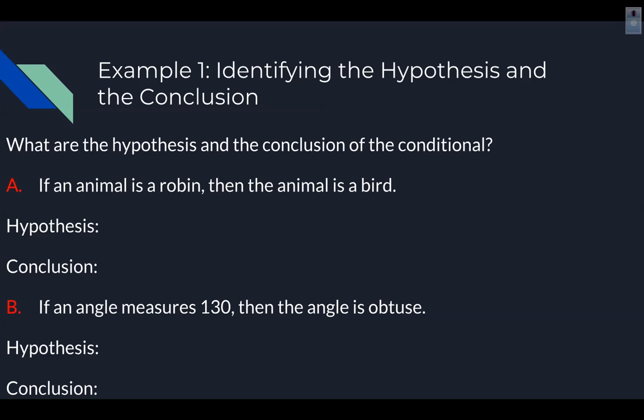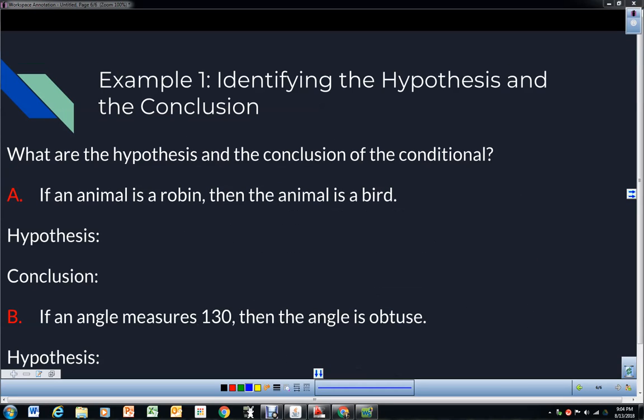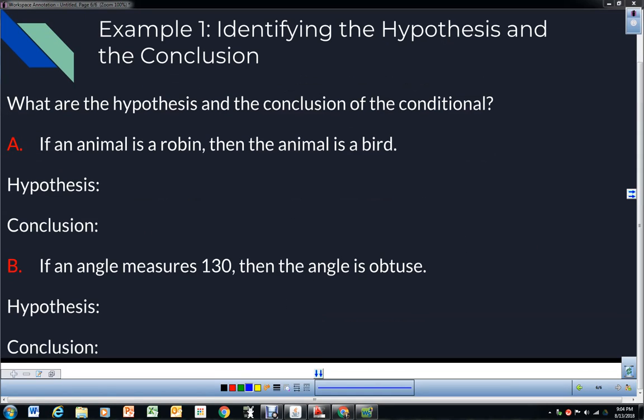So let's take a look at example 1, identifying the hypothesis and conclusion. So, and many of these answers may vary, okay, just slightly. But let's take a look and see what they are. So, if an animal is a robin, then the animal is a bird. Okay, so first what we're going to do is identify the hypothesis.